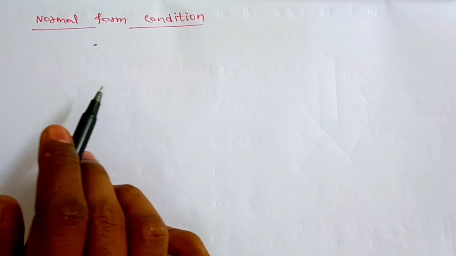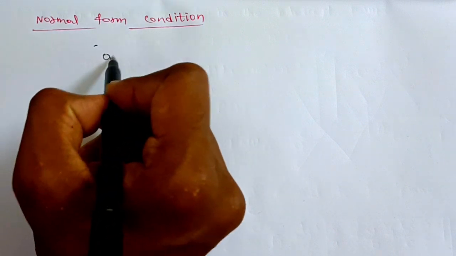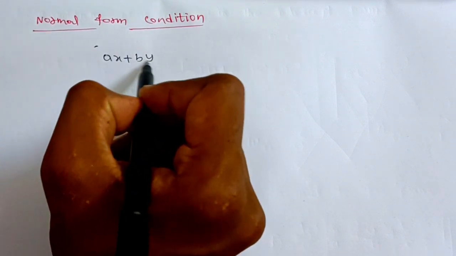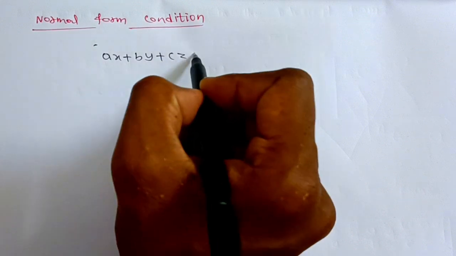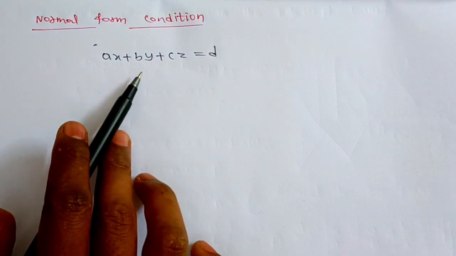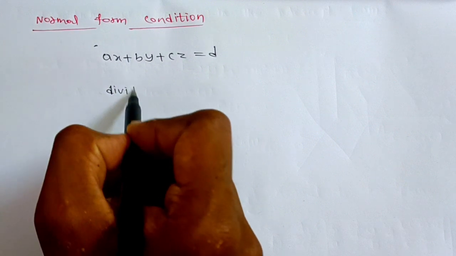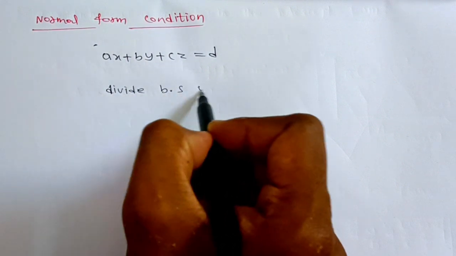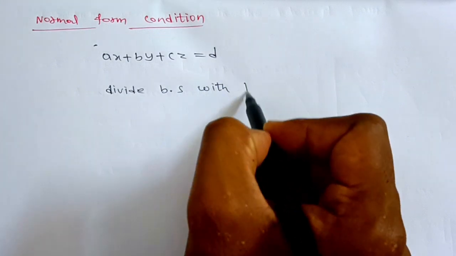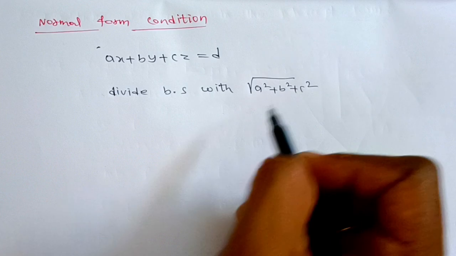So next, normal form condition. That is, if any equation of a plane is given, for example ax plus by plus cz equals d, this is any equation of the plane. For converting the given plane into normal form, we should divide both sides by under root a square plus b square plus c square.